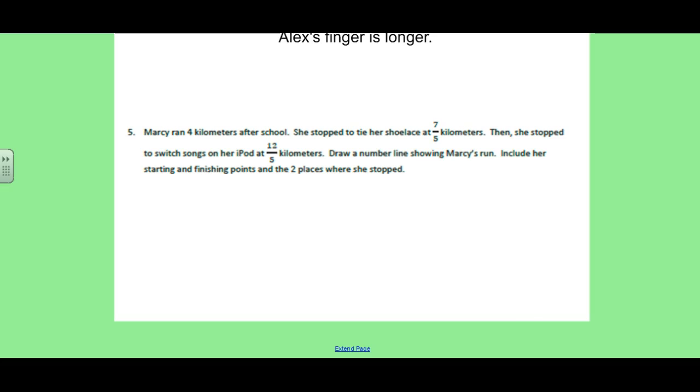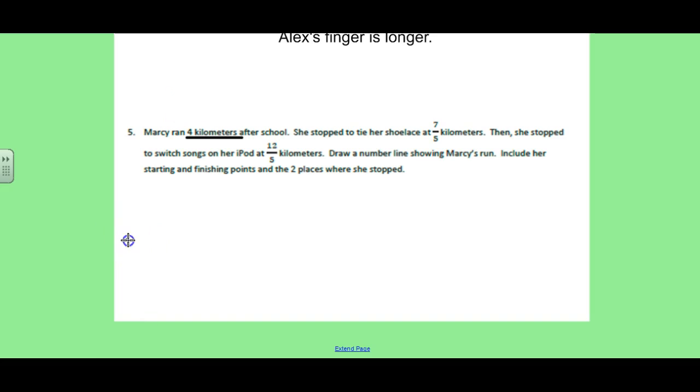So since it said include her starting and finishing points, we have to start at 0 because anytime you're starting to do something, you're starting at 0 and then you go on. And since it said she ran 4 kilometers, that's a big key point right there. I know that my number line is going to go from 0 to 4.